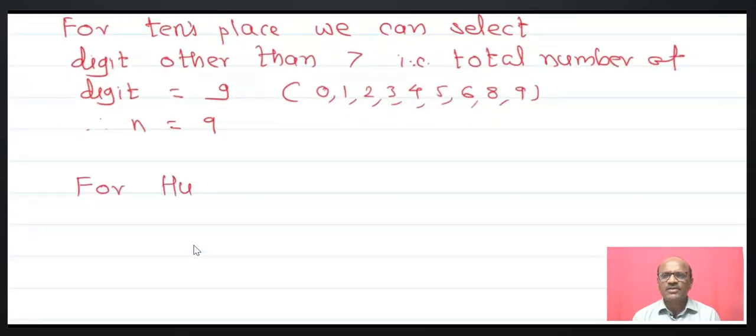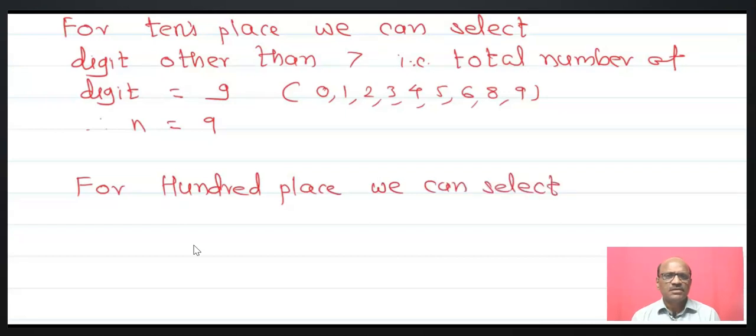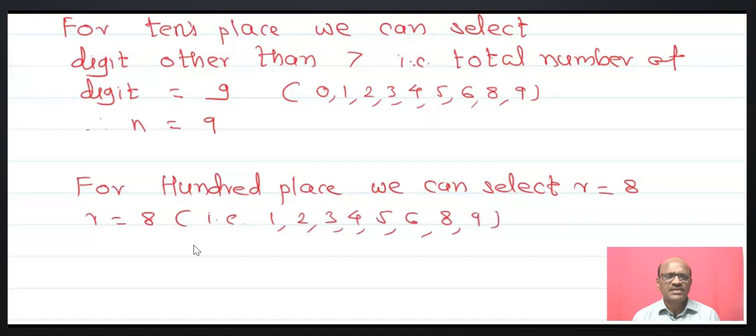And for 100 place, यामध्ये आता मात्र 0 नसणार आहे. We can select 1 2 3 4 5 6 8 9, r is equal to 8.